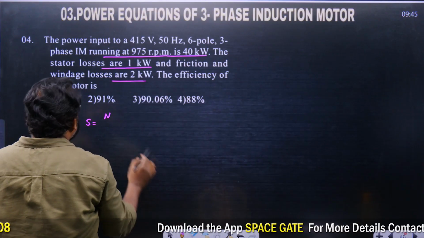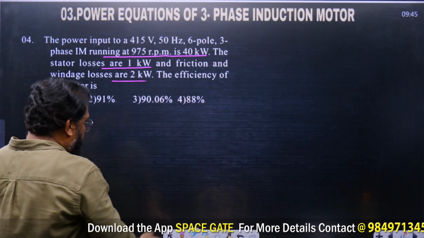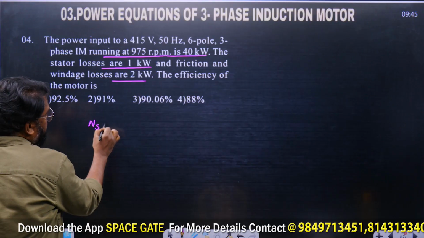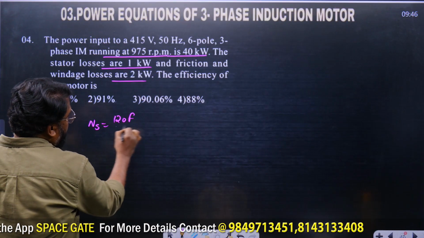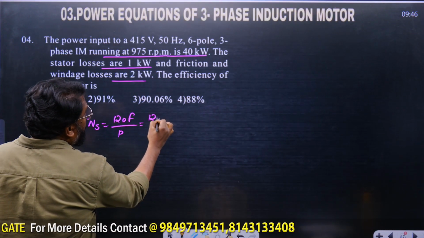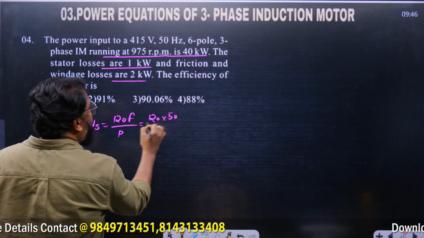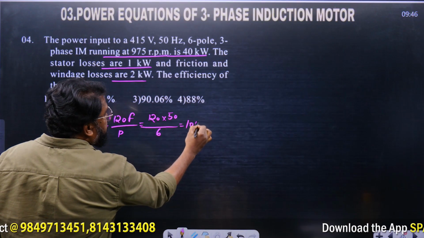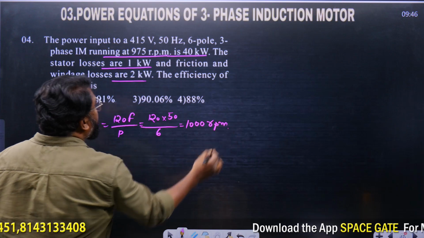First, let us calculate the synchronous speed of the motor. Ns is equal to 120 f by P, so 120 into 50 hertz divided by 6 poles. This value is equal to 1000 rpm.